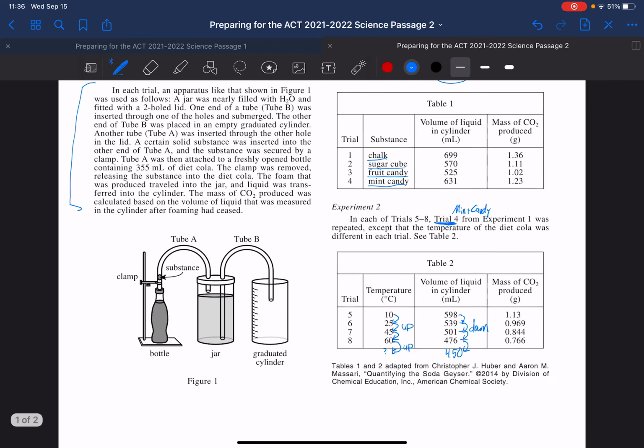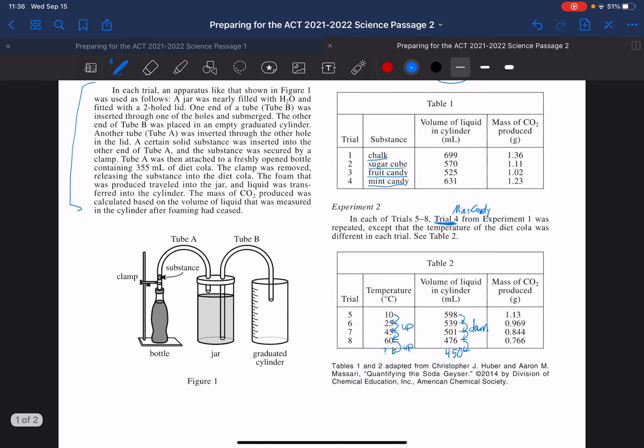So let's see. Here it went down. Here it went down. From here to here it went down again. Here it went down again. But then from 525 to 631 it went up. Same thing up here. Whereas in all these cases it went down. So what seems to be happening is as one goes up, the other goes up. As one goes down, the other goes down. Now let's confirm that down here.